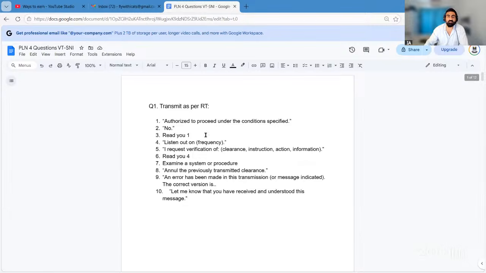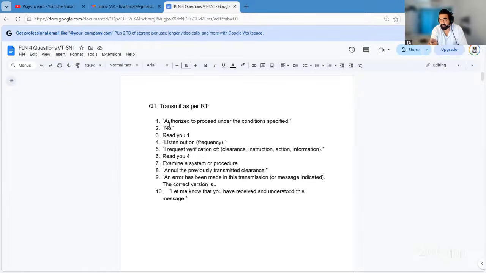How about number one? Are you sure about it? Authorized to proceed under approved. Approved or cleared? So yeah, they are similar sounding, similar meaning words. So we need to be clear on them.